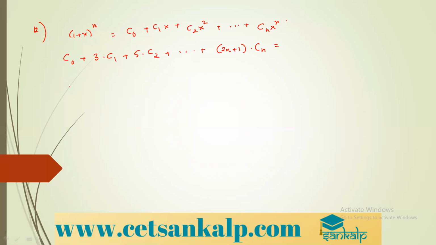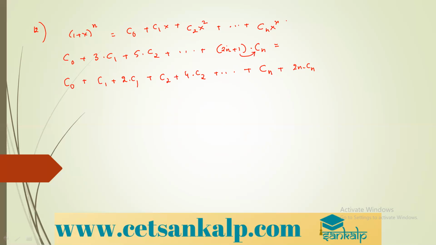So in order to find this, we have to follow some logic. What is this logic? I will tell you. I will write C0, 3C1, I will take 1C1 and the other one 2C1. Same way 5C2, I will take 1C2 and the remaining 4 into C2. So on it happens. In the end, I will take 1 Cn and then left off is 2n into Cn. I will separate it.